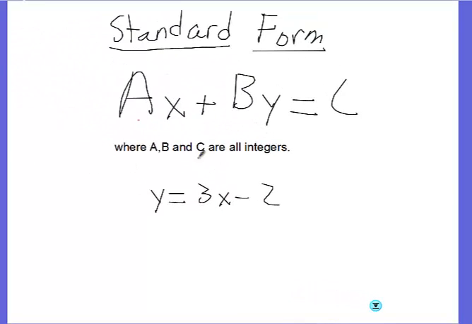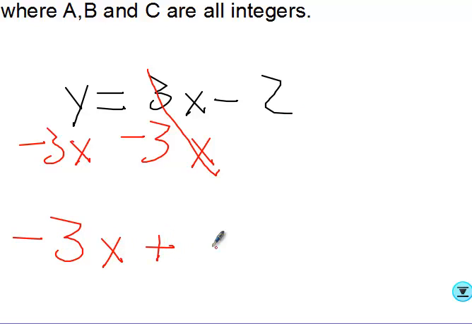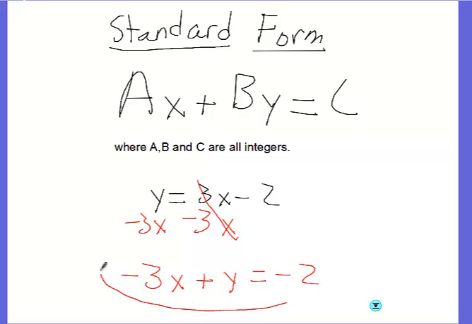So we want to move the 3x to the left. The way you move it is you do the inverse of what it is. Since we have a positive 3x, we subtract 3x from both sides. We get negative 3x plus y equals negative 2. And there we have it, a nice equation in standard form.